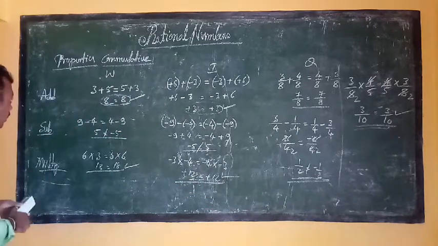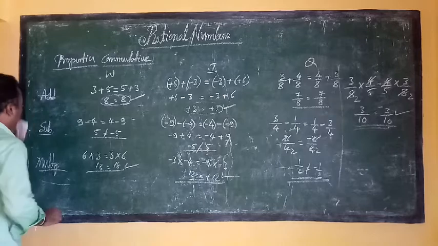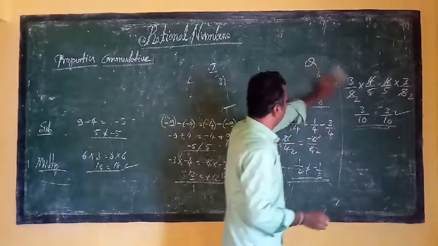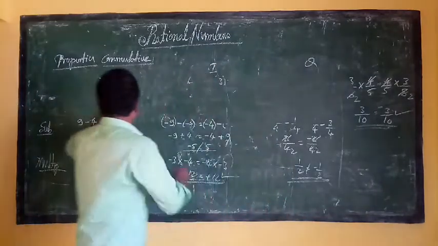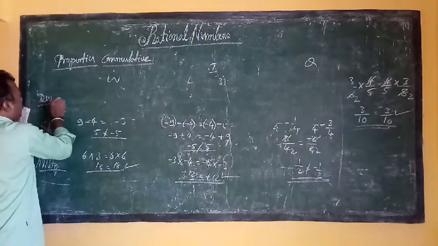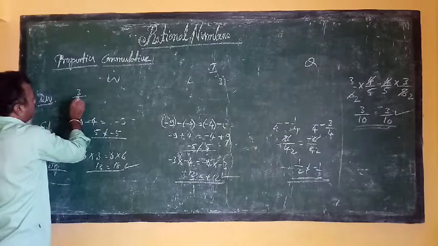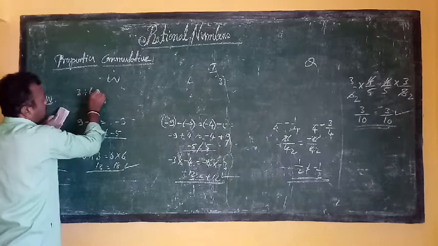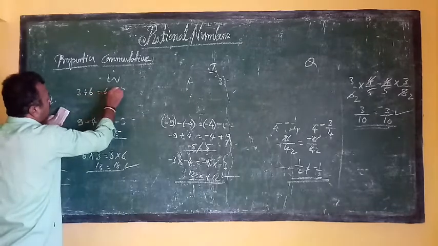Okay, the last one, finally, division. See, division. 3, one of the whole numbers, divided by 6, another whole number, is equal to 6 divided by 3.